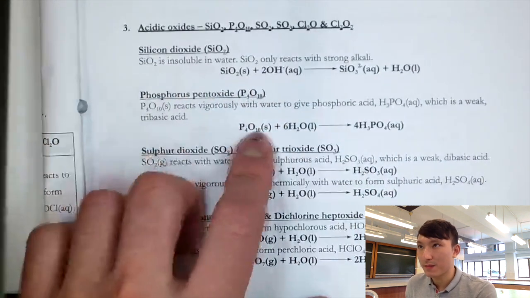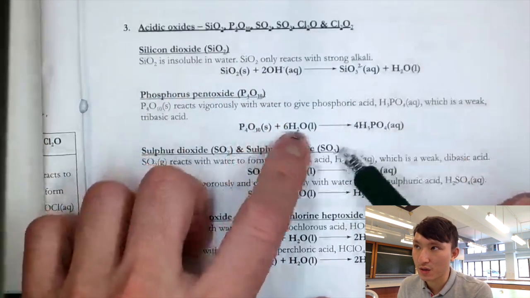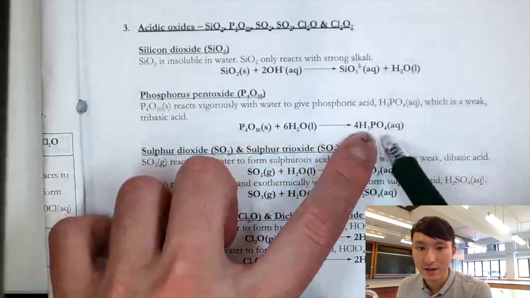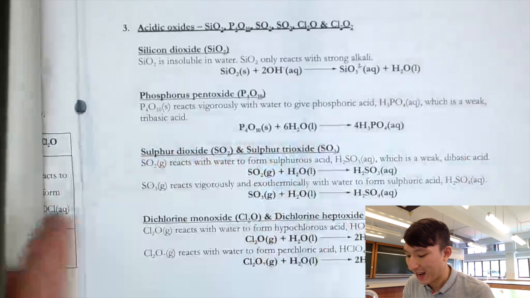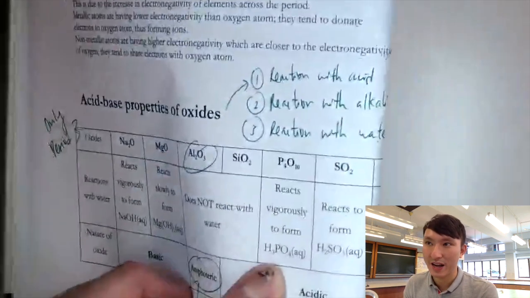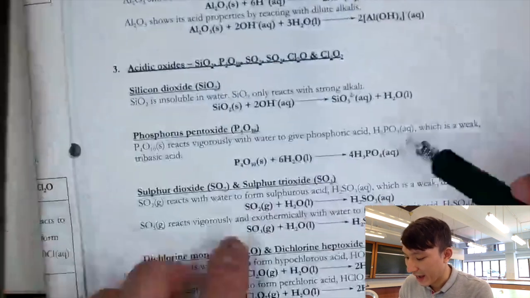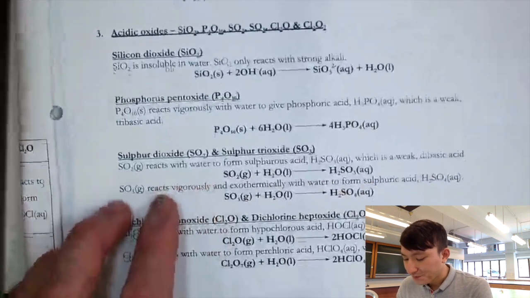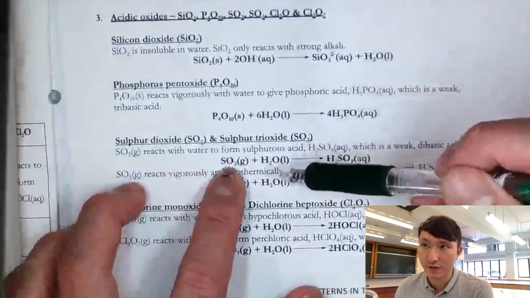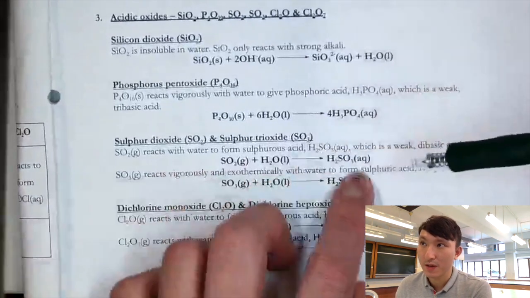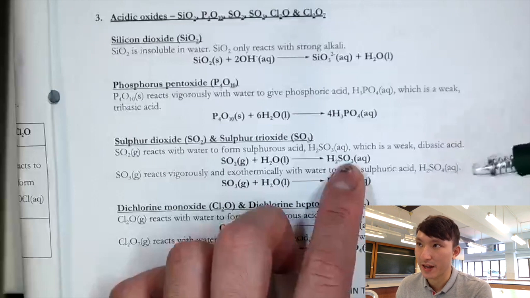Phosphorus pentoxide, P4O10 here, dissolves in water to form phosphoric acid, which is a weak tribasic acid. Sorry, I meant to say weak acid before, okay? So it's a weak acid. Sulfur dioxide, sulfur trioxide, pay extra attention. Sulfur dioxide dissolves in water to form sulfurous acid, which is a weak acid.